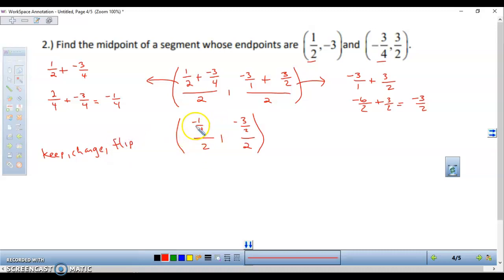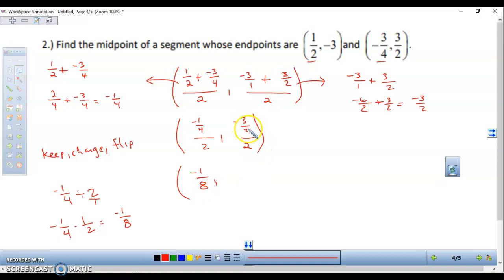But what I'm saying is, instead of doing negative 1/4 divided by 2, I'm going to do negative 1/4 times 1/2. So instead of dividing by 2, I will multiply by its reciprocal. And remember, a reciprocal is where you take a fraction and you flip it upside down. So negative 1/4 times 1/2 is negative 1/8.